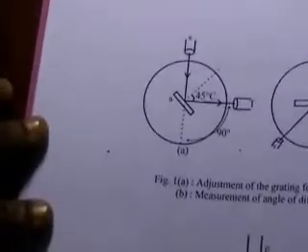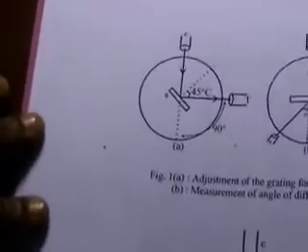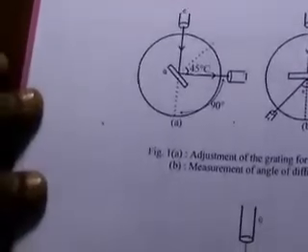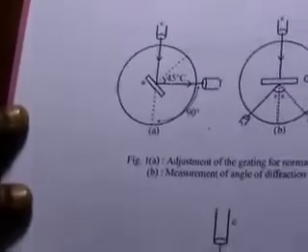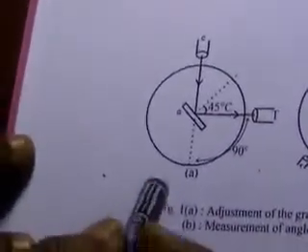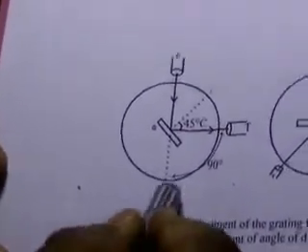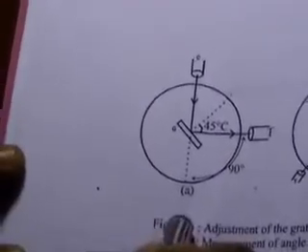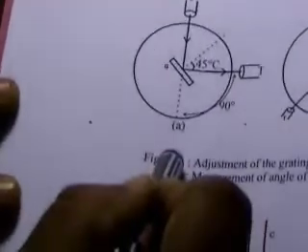Now our next procedure is to adjust the grating for normal incidence. So you can see here, this is the collimator, and now actually we have the telescope position here. Now we have coincided the direct reading to be 0 and 180.